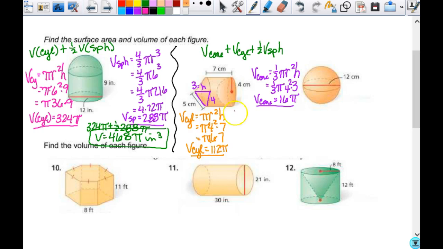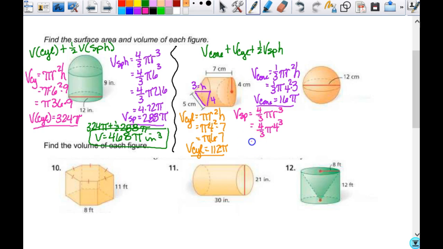So then I need the volume of the sphere. That is 4/3 pi r cubed. So that gives me 4/3 pi times 4 cubed. All right, so I can already tell you that I'm not going to be able to divide this evenly because 3 doesn't go into 4. But 4 cubed, that's 4 times 4 is 16, times 4 is 64.